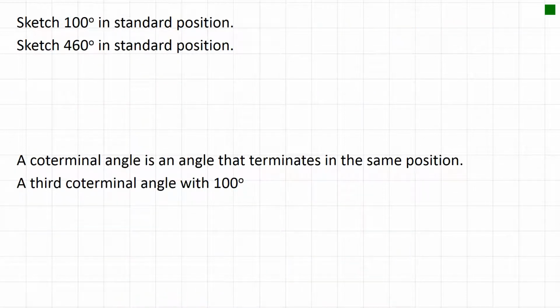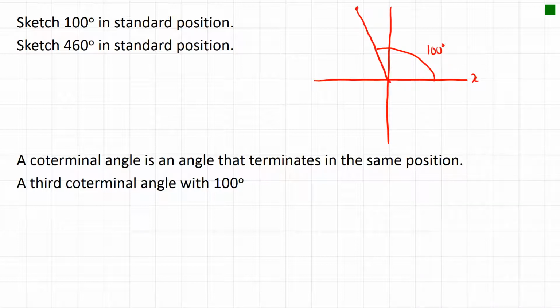All right, if we're going to sketch an angle of 100 degrees in standard position, we're going to start at the x-axis and go a little bit past the y-axis. So there's 100 degrees. So that's an angle in standard position.